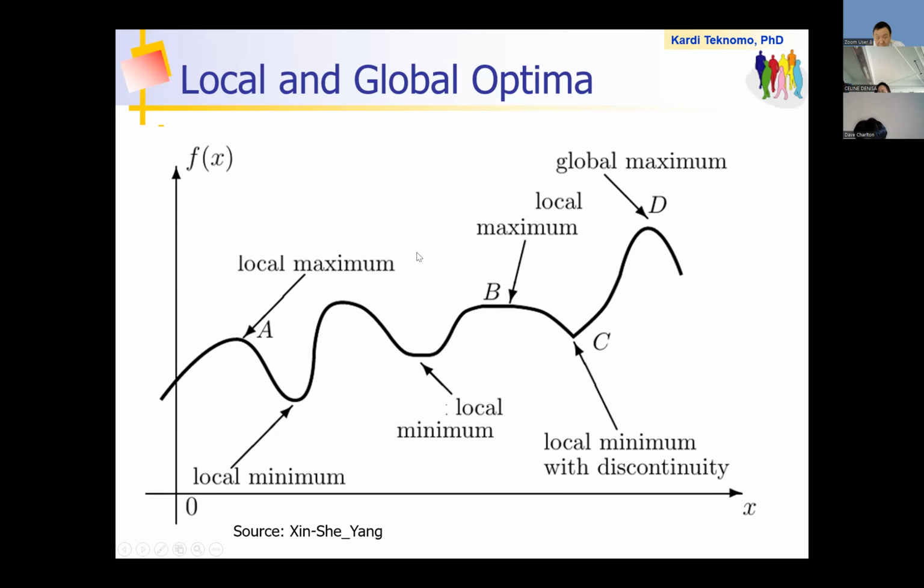In any optimization algorithm, if you want to get the global optimum, either maximum or minimum, you probably need to restart the initial point randomly, so that you may hit one of the global optima. If you start with only one initial point, then it may hit only the local optimum, minimum or maximum, not the global one.